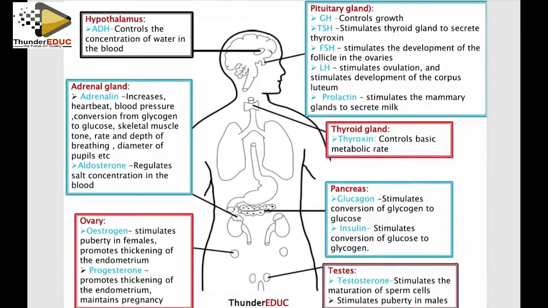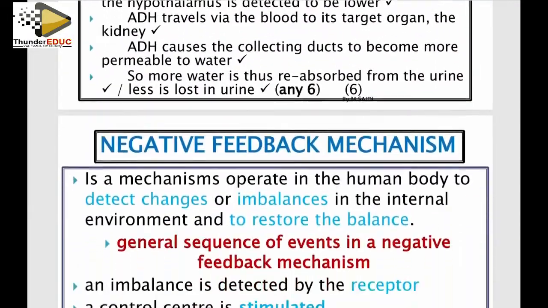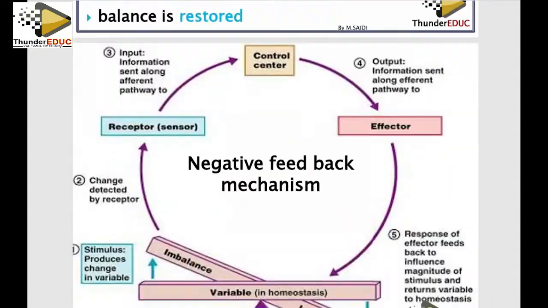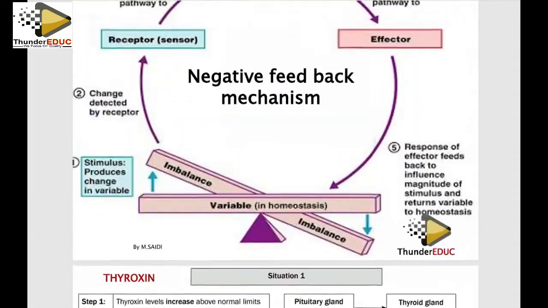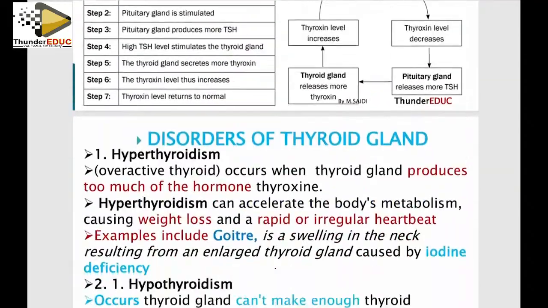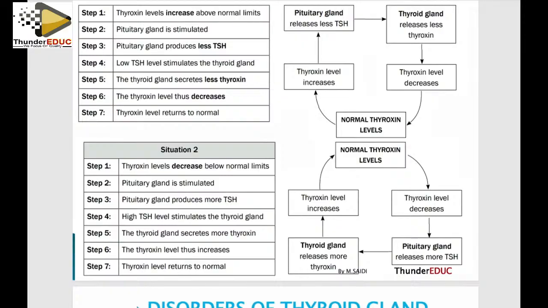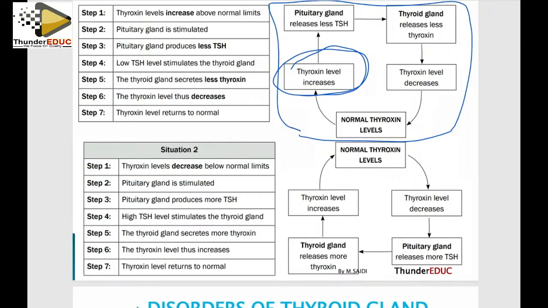As I told you, here they won't bring the carbon dioxide because they brought it in the project. What they are looking at here is when there is a high level of thyroxine. They want you to explain this. I explained this yesterday, and I said that it's simple.